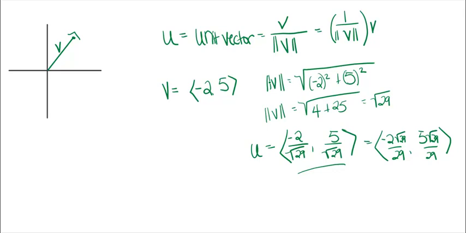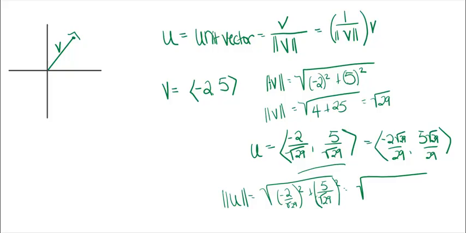So we're going to verify the magnitude of the unit vector u that is going in the direction of vector v to be 1. We're going to use the part that I underlined to verify its magnitude. The magnitude of u is the square root of negative 2 over the square root of 29, squared, plus 5 over the square root of 29, that's the whole thing squared.